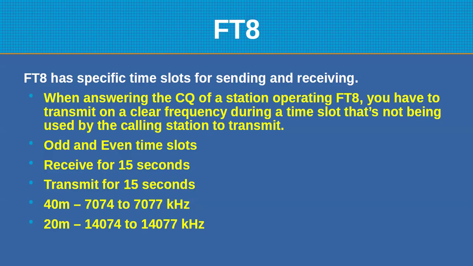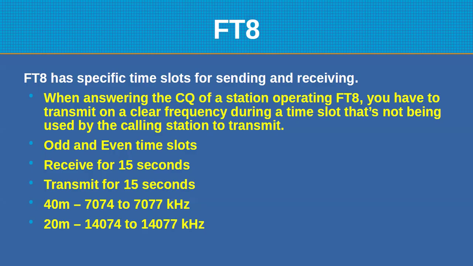So that's why you try to pick a time slot that's not only empty, because you don't want to transmit on top of somebody, but you want to transmit on one that's the opposite of the station you're trying to listen to or find.